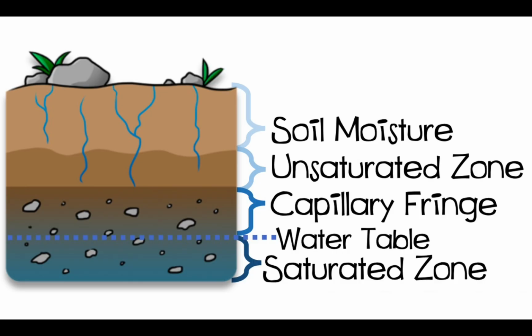You have the water table, and so that is the height of the water, where the water is stored. And then you have the saturated zone. And so the saturated zone is composed mainly of rocks because, as you learned in sixth grade, the deeper you dig into the earth, the more rocky it gets.